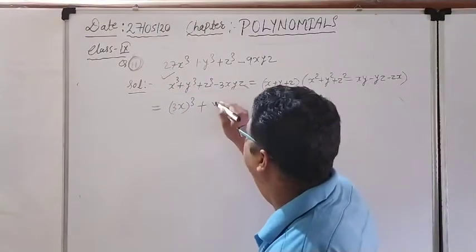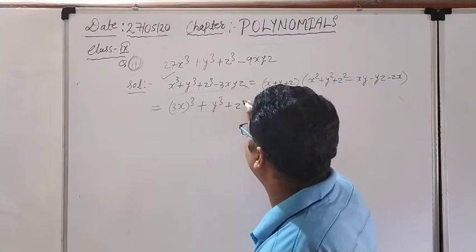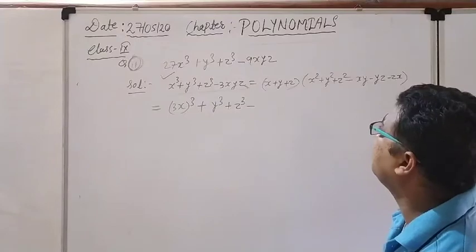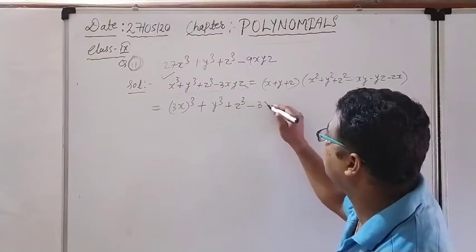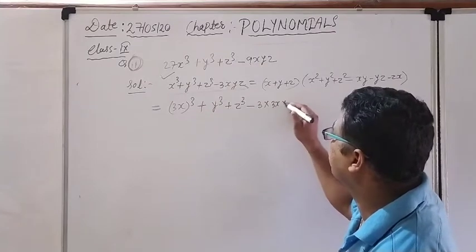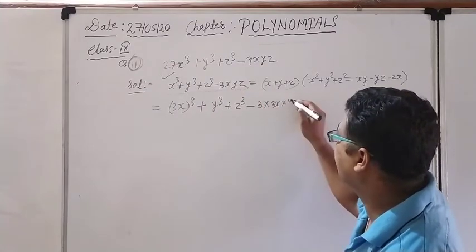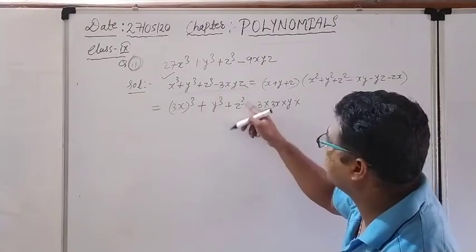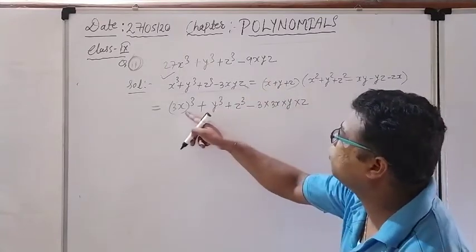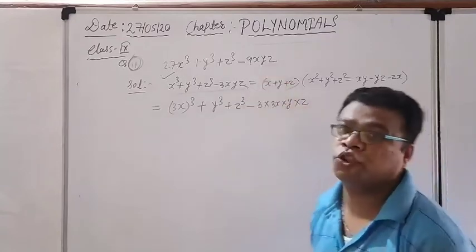After that y cube is the same, z cube is the same, and this minus 9xyz may also be written as 3 into, what is the x here? 3x actually. So 3x into y. What is the y here? Y. Z. What is the z here actually? Z is z. No problem. Right now if you solve this, you will get the question again.